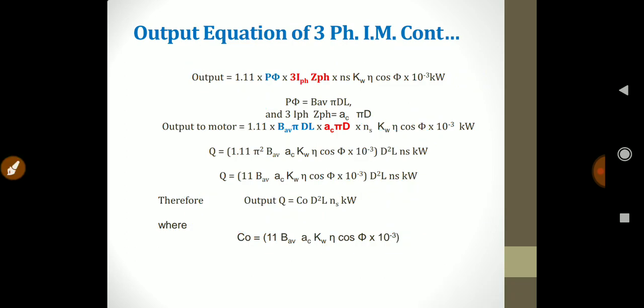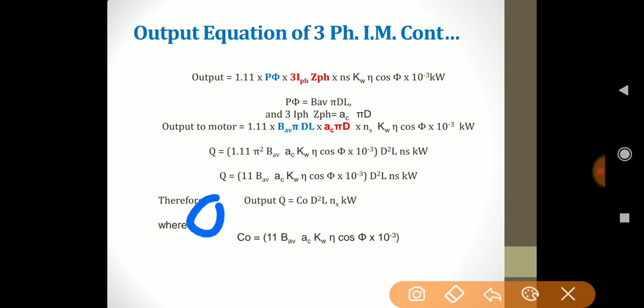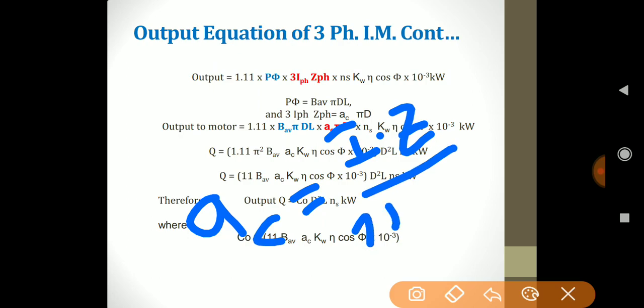Apart from that, another term I have here is for specific electric loading. In this term, I have the formula 3 IPH ZPH. If you remember the formula for specific electric loading, it is total ampere conductors, so I Z upon pi D. Total ampere conductors in this case is IPH ZPH.